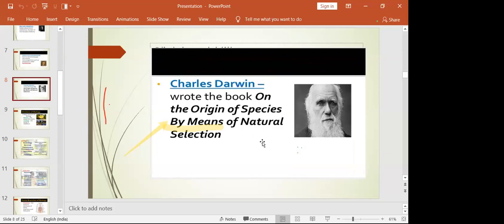He separated different types of organisms and gave the best organization of organisms. Based on these reasons, he was later considered the father of modern biology.